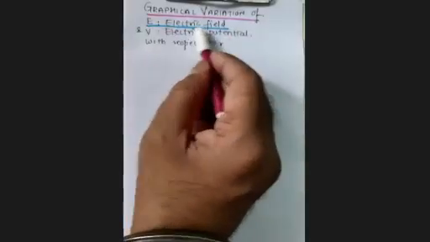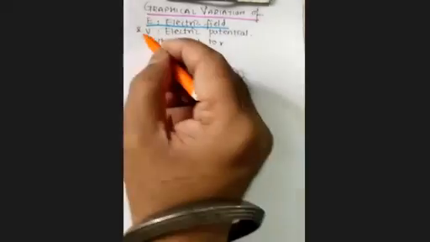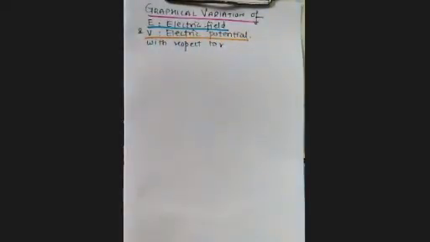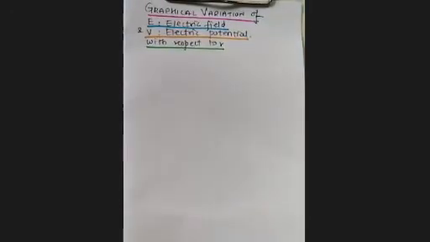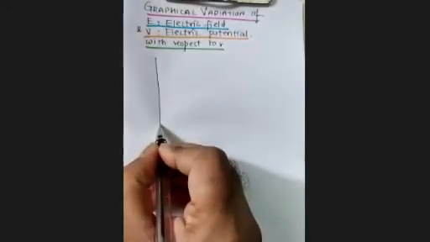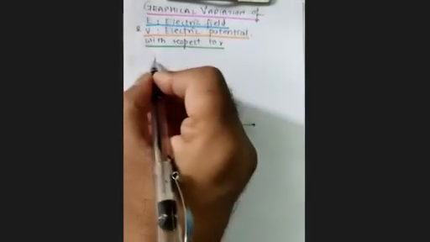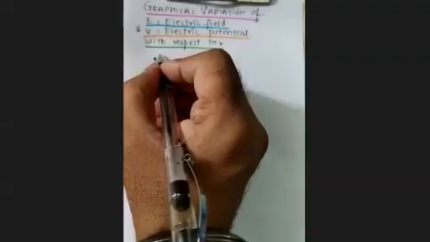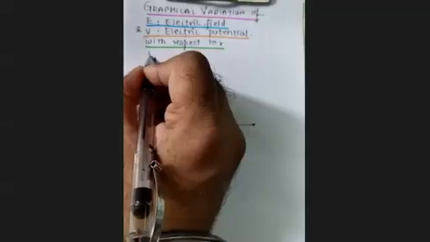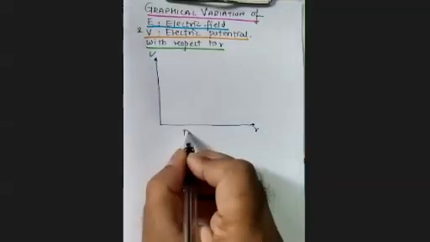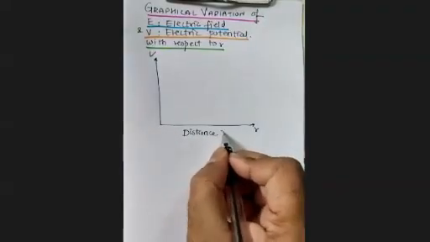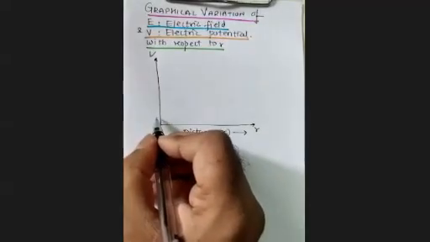So graphical variation of electric field and electric potential with respect to R. So when we draw a graph, here it is suppose electric potential, and here it is R, and this is electric potential.